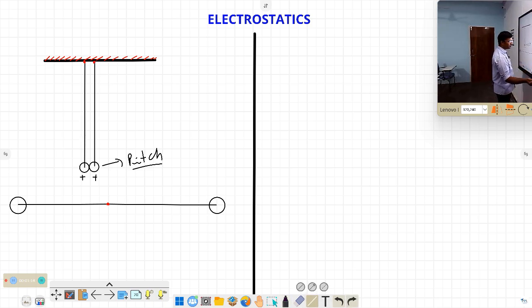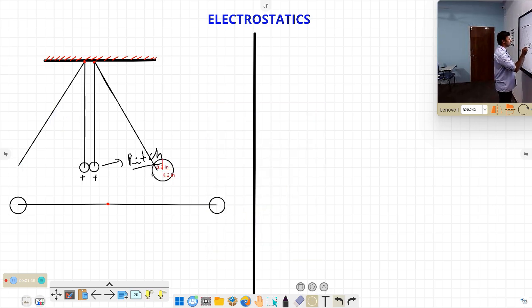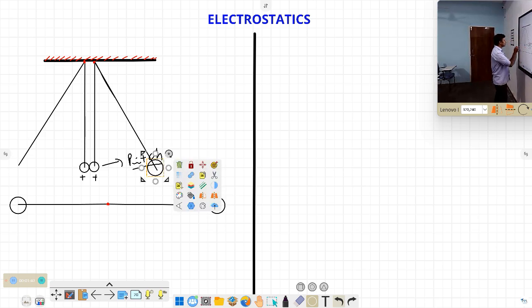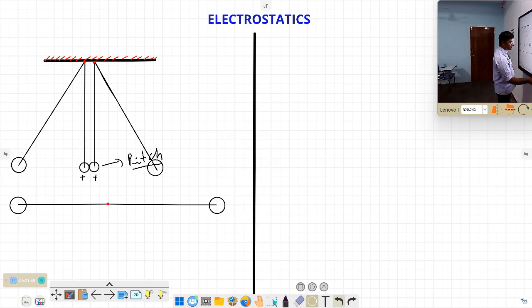They separate like this. In this case, what is the direction of the force of repulsion?